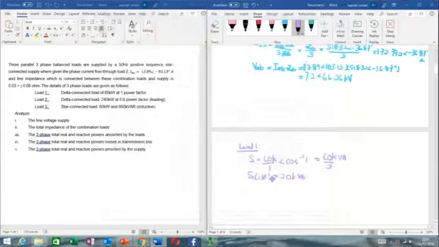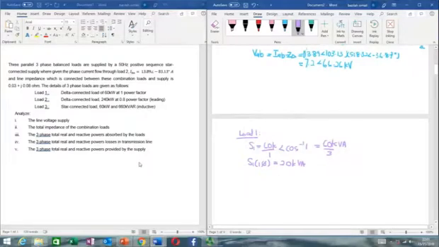Okay, then next to calculate Z. Since this is delta connection, we can directly use VAB, because for delta connection, A, B, C, the voltage measured at the phase and the line is the same.